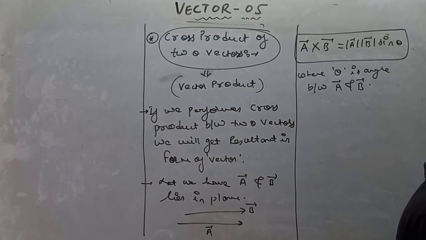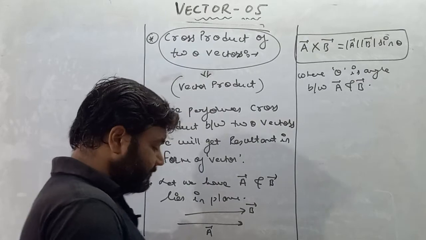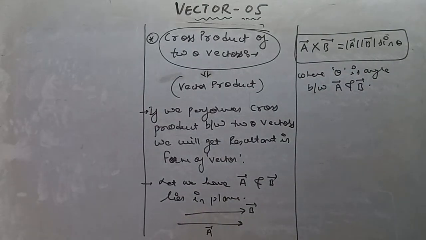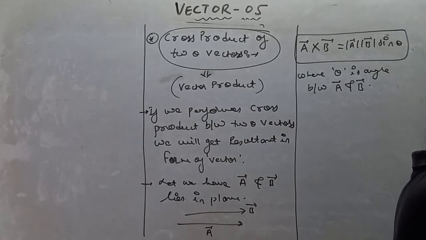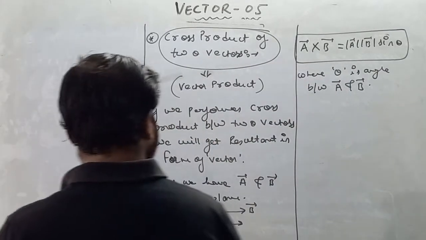This is how we'll proceed with cross product. So A vector cross B vector is the magnitude of A vector, the magnitude of B vector, and sine theta, where theta is the angle between A vector and B vector.